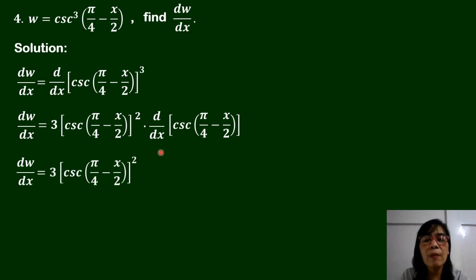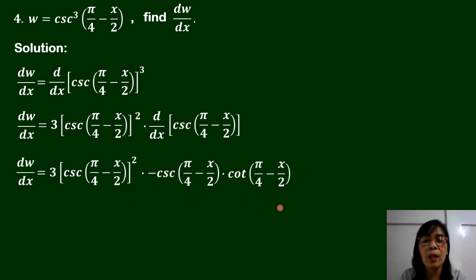Then the derivative of cosecant angle. Again, we have the formula for the derivative of cosecant angle. That is equal to negative cosecant angle times cotangent angle times the derivative of the angle. Looking at this function, notice that these factors here do not contain a derivative. We only have this one.